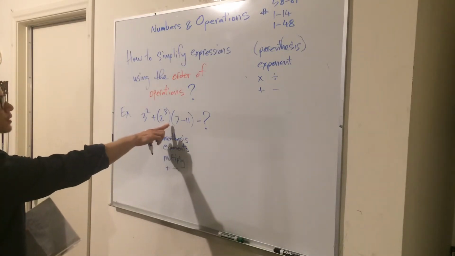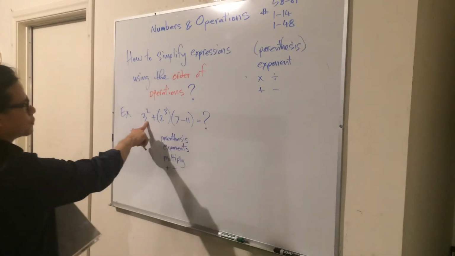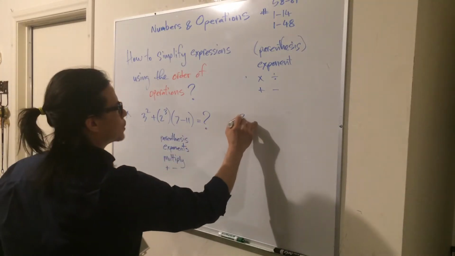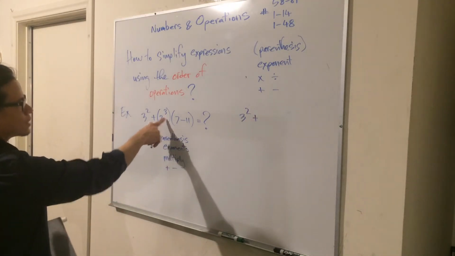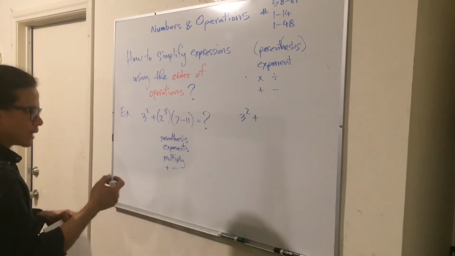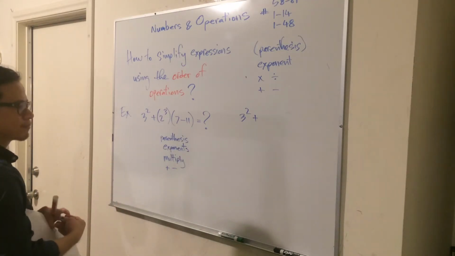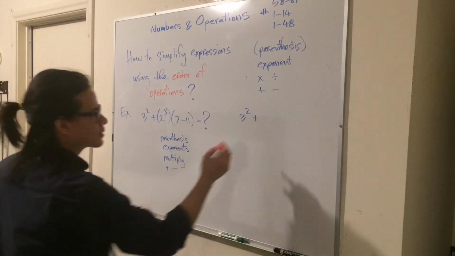Let's do parentheses first. Okay, just going to rewrite that as 3 to the second power plus. Okay, so inside the parentheses you have 2 to the third power, which is 2 times 2 times 2. 2 times 2 is 4, 4 times 2 is 8.